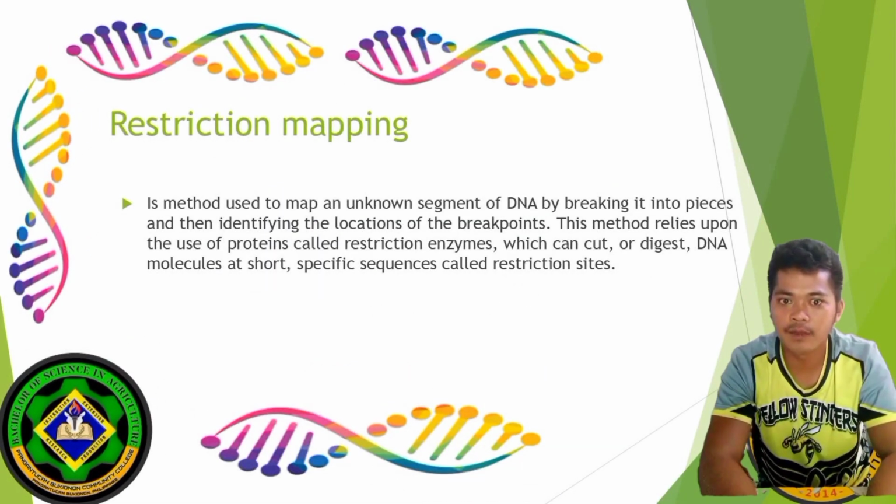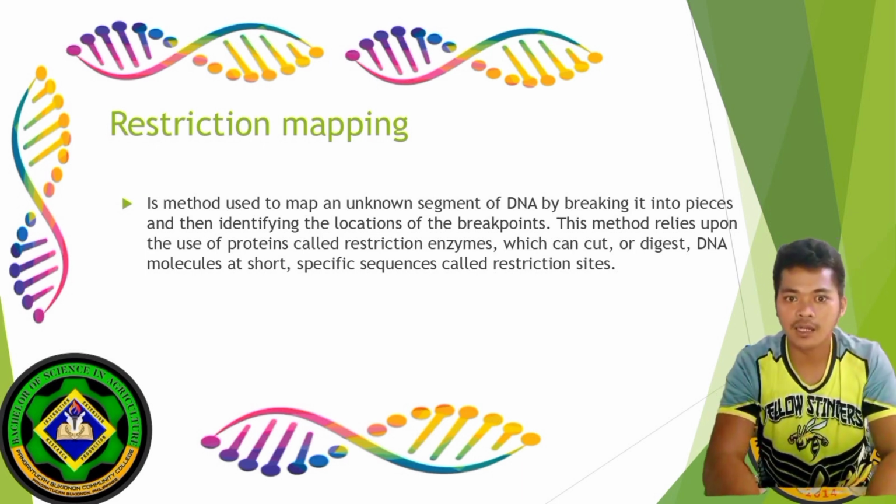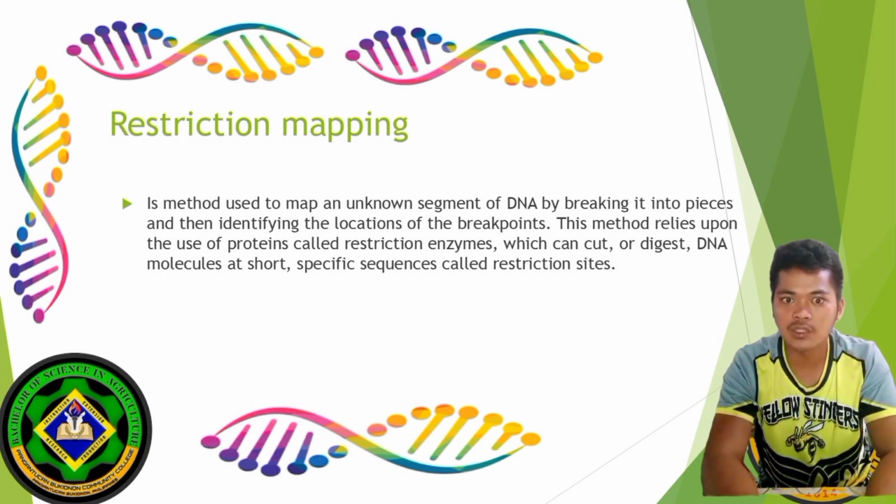Restriction mapping. It is a method used to map an unknown segment of DNA by breaking it into pieces and then identifying the locations of the breakpoints. This method relies upon the use of enzymes called restriction enzymes, which can cut DNA molecules at short specific sequences called restriction sites.